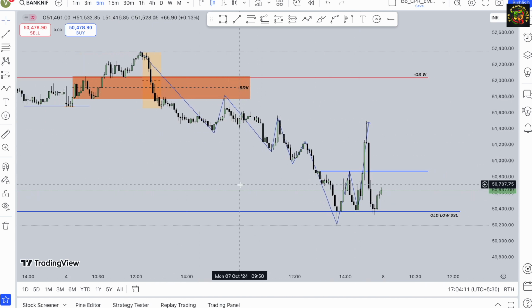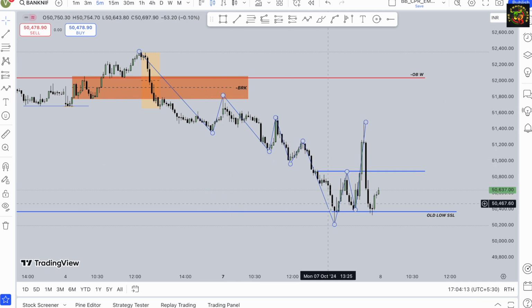If I explain the psychology behind this market shift, let's say for example, all these sellers who have sold from this top are sitting with a good profit till here, and then once the market makes a high over here and breaks above this high, automatically all these sellers are now sitting with less profit.